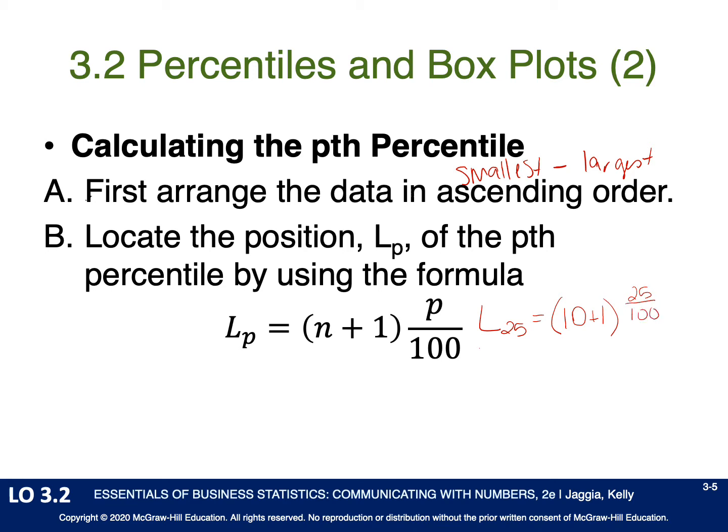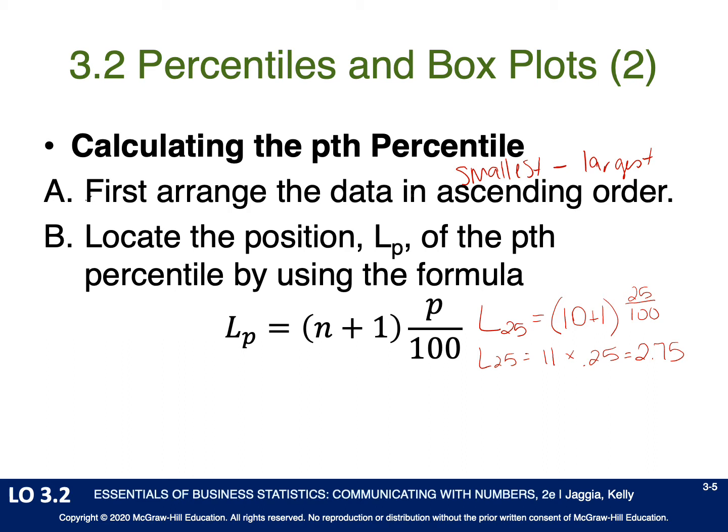So just to go ahead and solve this out, 10 plus 1 is obviously 11, and I'm going to multiply that by 25 divided by 100, which is 0.25, and I'm going to grab my handy dandy calculator here. So 11 times 0.25 gives me 2.75. So that's the location of the 25th percentile.